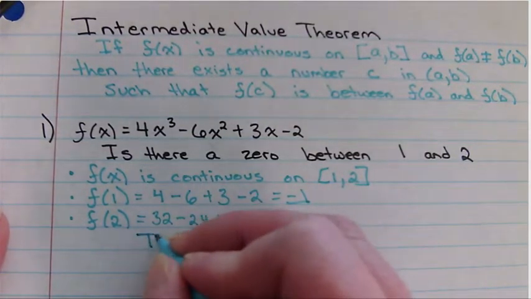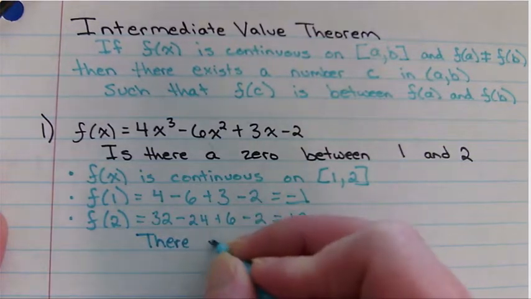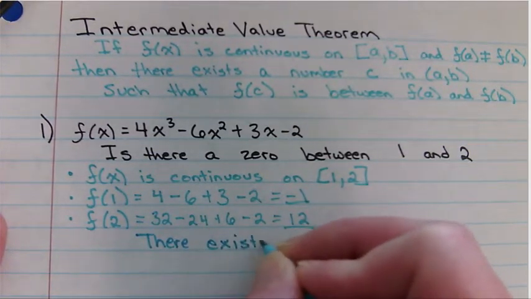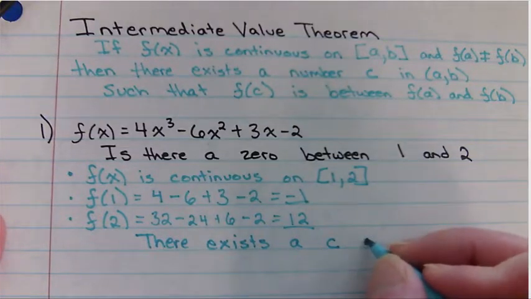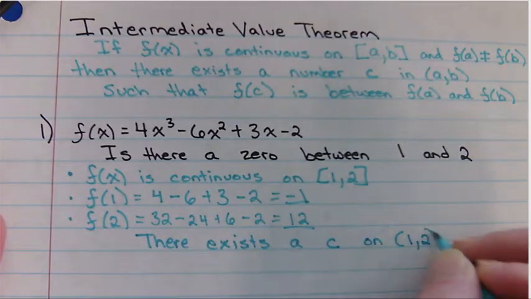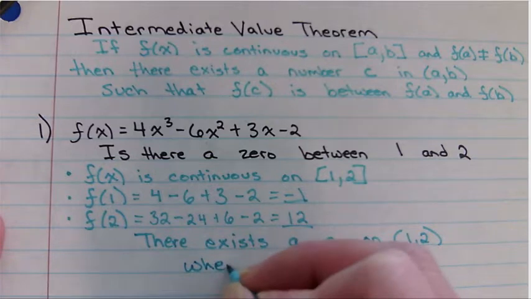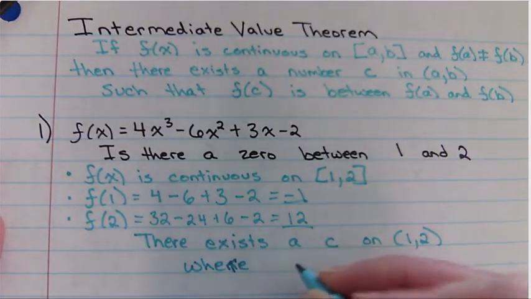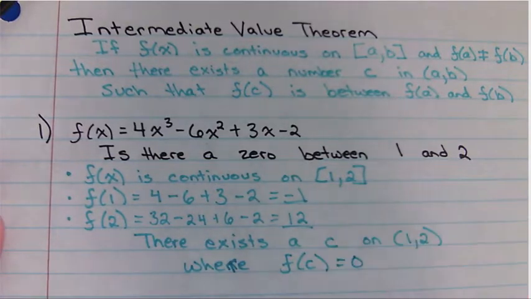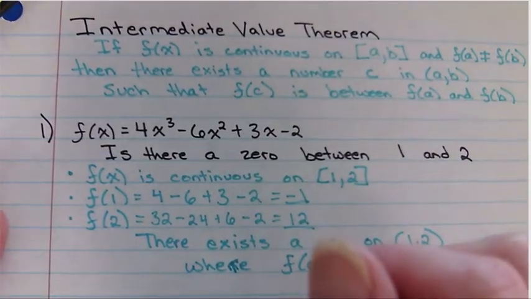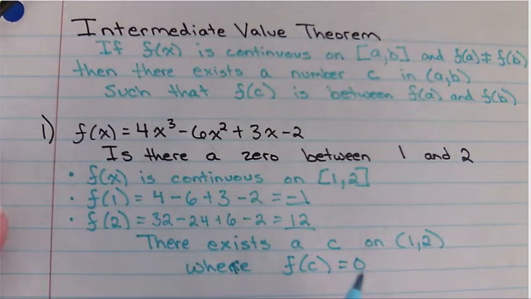There must exist a number C on the interval from 1 to 2 where f of C equals 0. I proved that it's between those 2 points. There must exist one.